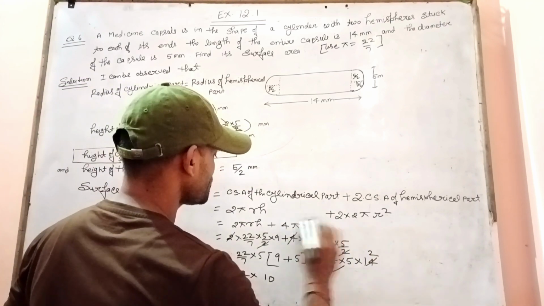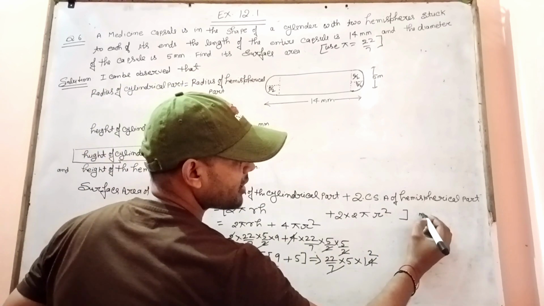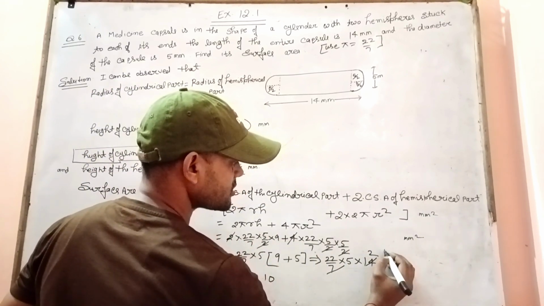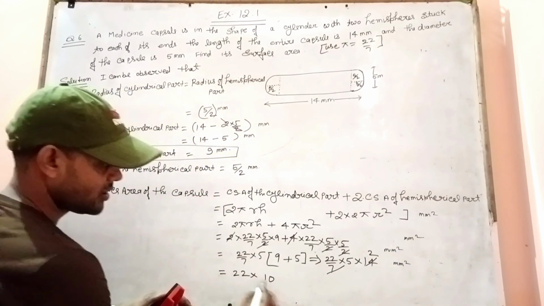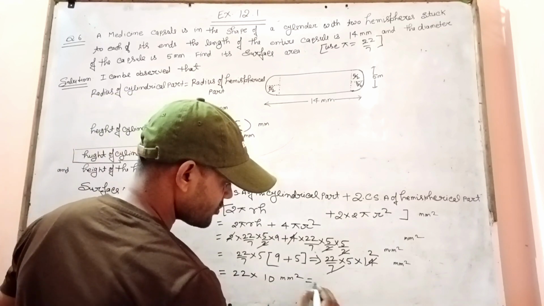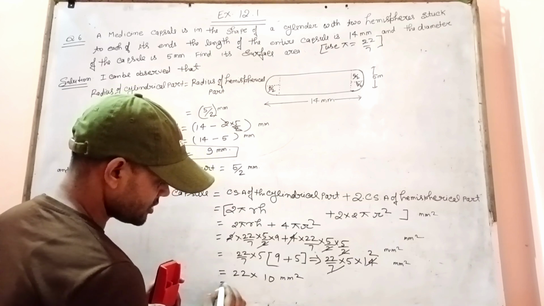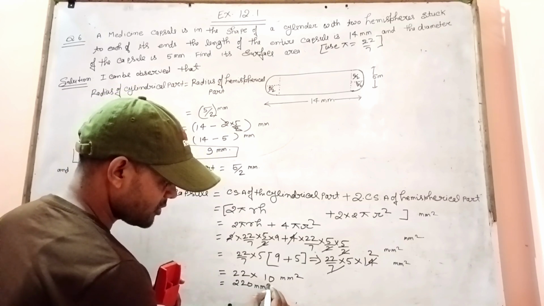The unit will be mm square. So it is equal to 220 mm square.